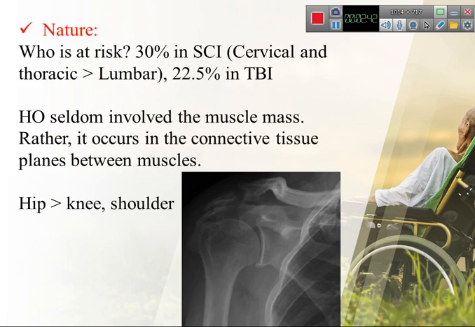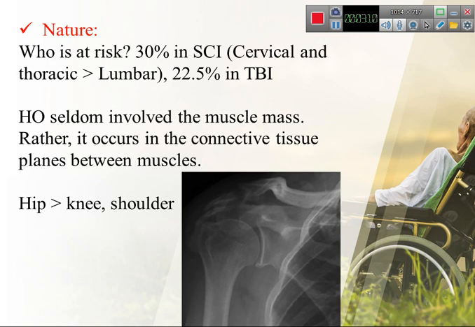Okay, let's talk about its nature. Who is at risk? The studies showed that it occurs in 30% of SCI patients. It is much more common in cervical and thoracic SCI than lumbar, and 22.5% in TBI patients.